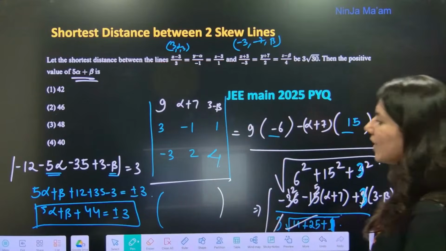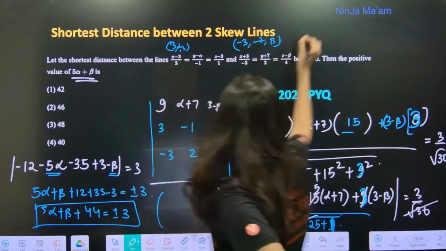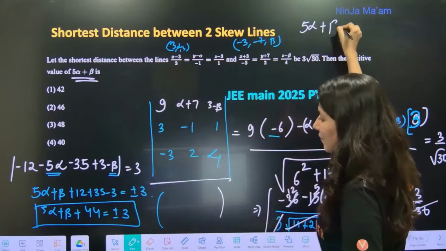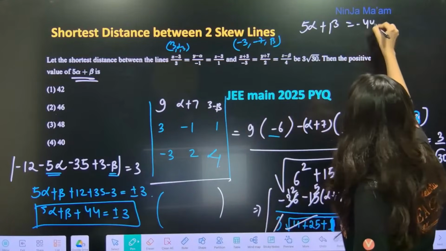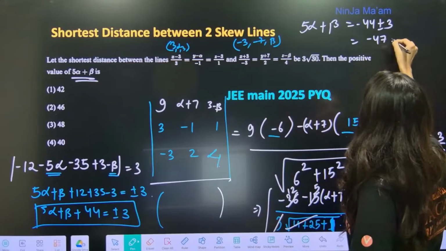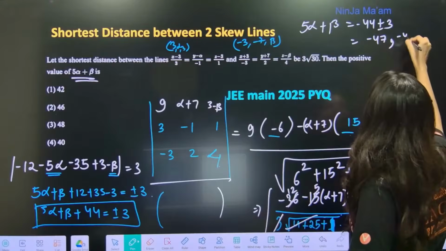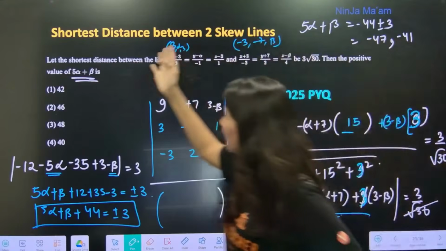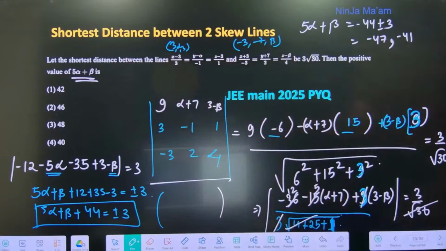Then the positive value they are talking about. So 5 alpha plus beta, everybody, is minus 44 plus minus 3. So minus 44 minus 3 minus 47, or if you subtract 1 minus 41. So 47 or 41? 41, right? Yes, and if you subtract, it is 47 or 41.